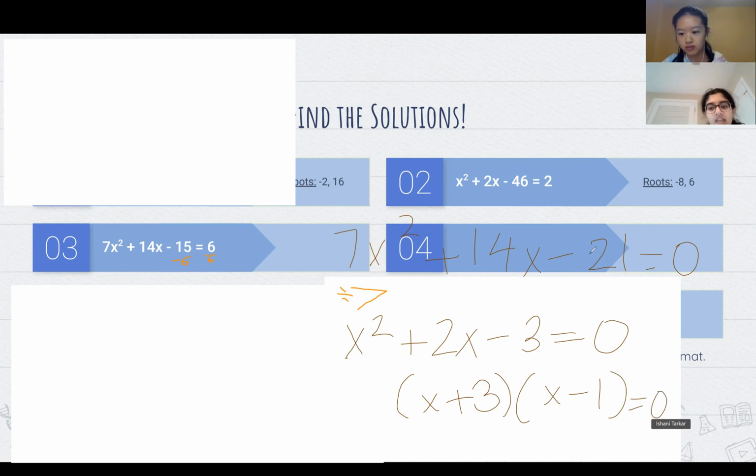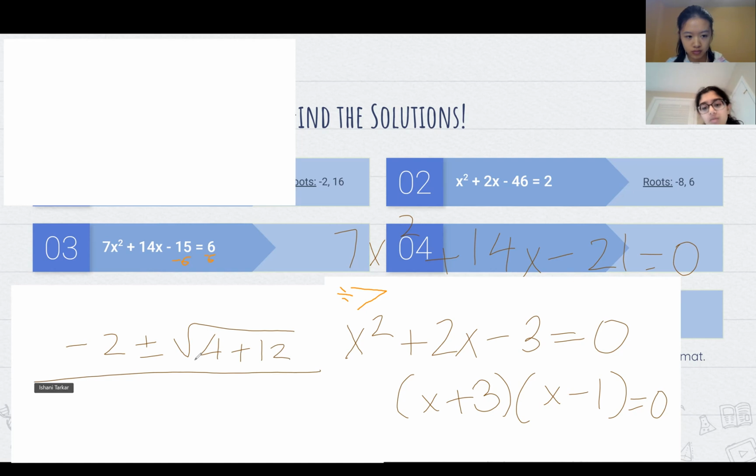Or we can do negative b, which is negative 2, plus or minus the radical of b squared, which is 4, minus 4ac, which is negative 4 multiplied by negative 3 multiplied by 1, so plus 12, over 2 times the coefficient of x squared, which is just 2, and we get negative 2 plus or minus 4 over 2, right?